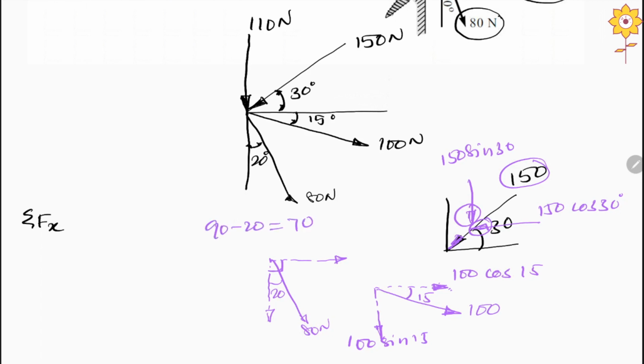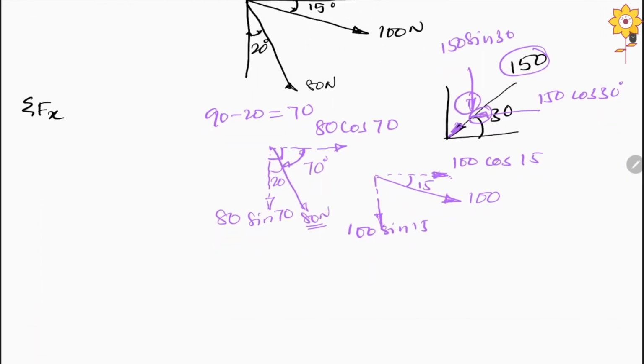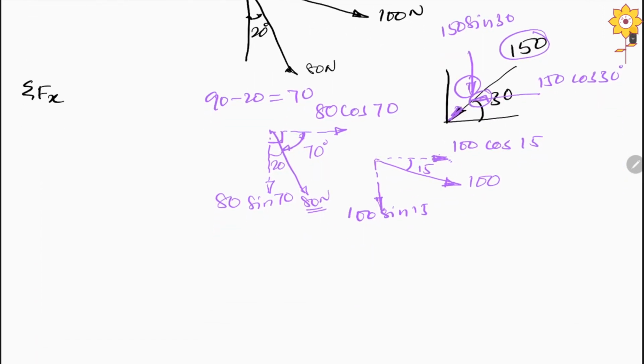This 80 Newton is making an angle of 70 degree with the horizontal x-axis. So, the components will be 80 cos 70 and 80 sin 70. Now we have three inclined force components, and we can frame an equation, summation F of x.